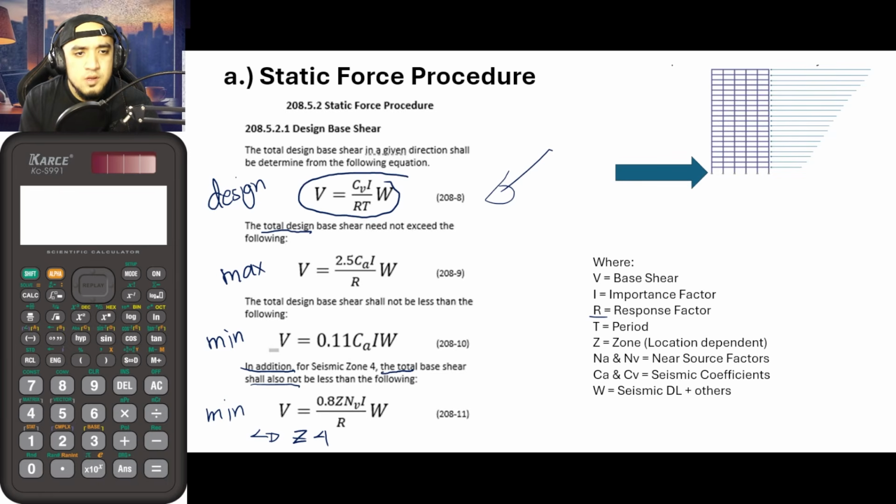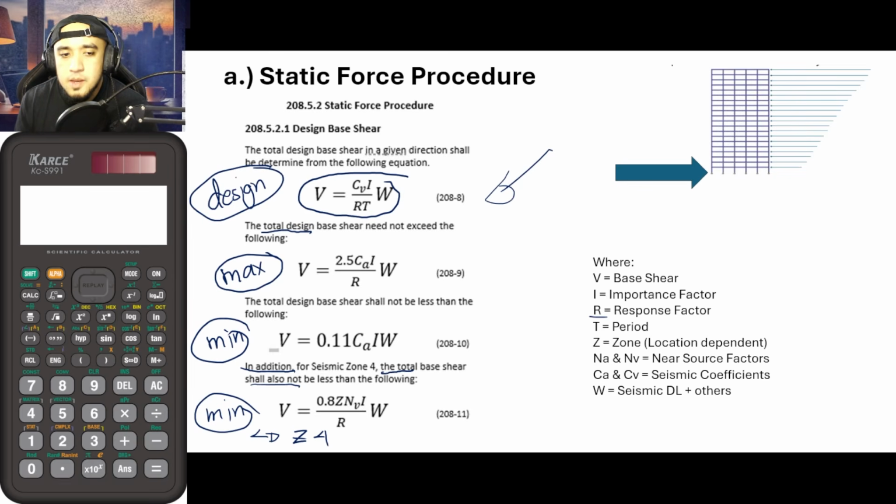So solve for these 4 values, then piliin nyo na lang po kung ano po yung mag-govern. Okay? So once again, we have the maximum limit here, the minimum limits here, and of course, the design base shear. Okay? So once that you have already solved for all of them, mamili kayo na mag-govern, then basically that is already your base shear.